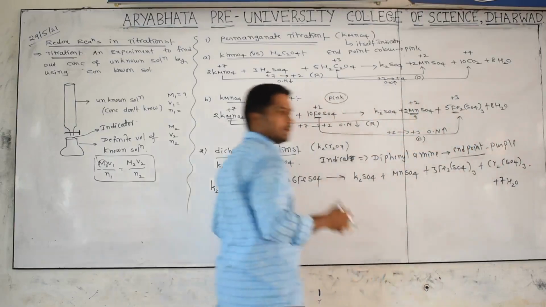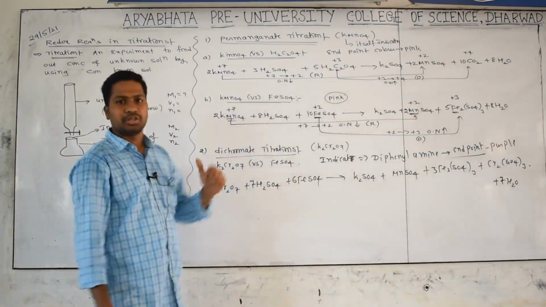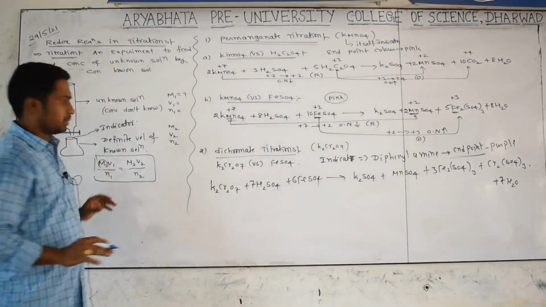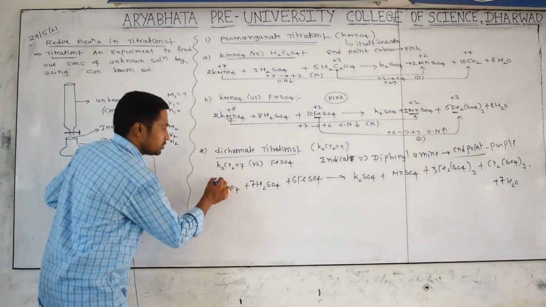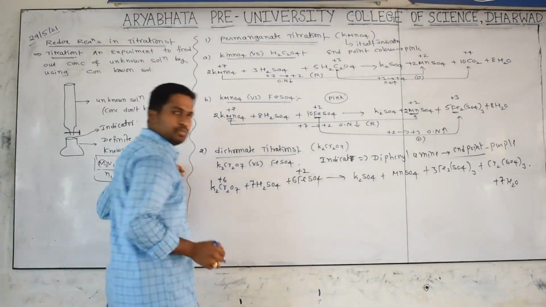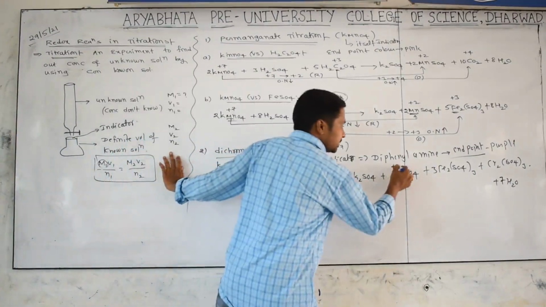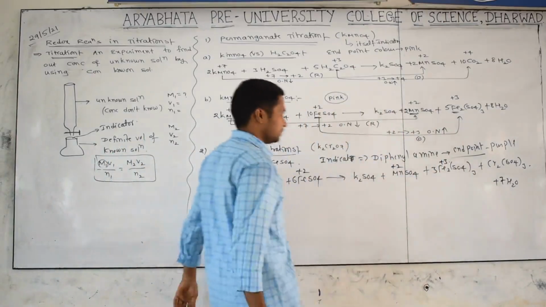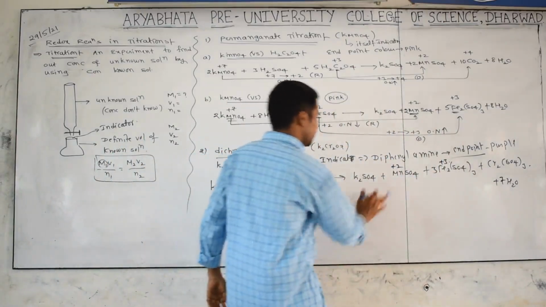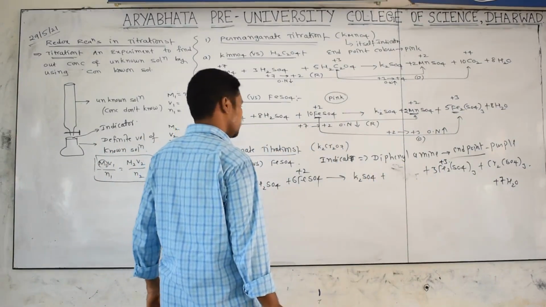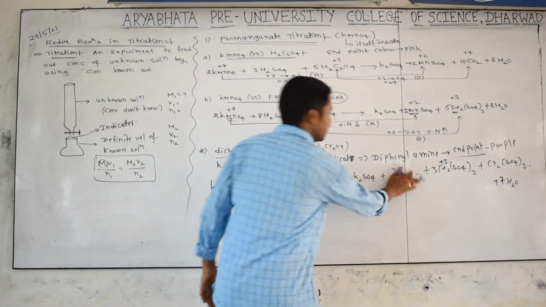Initially colorless, after completion of the reaction the solution in the conical flask becomes purple, then you have to stop the experiment. Just once you check it here, the oxidation number of chromium is +6 and iron is +2. Sorry, MnSO4 is not possible here, so K2SO4 and that's it.